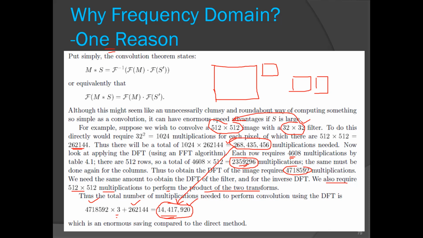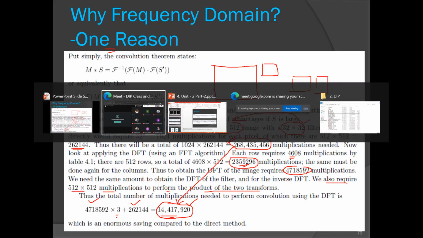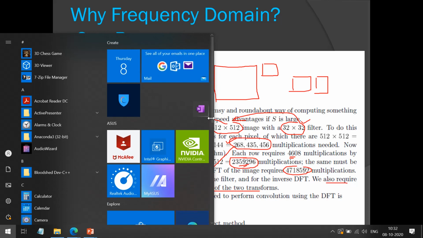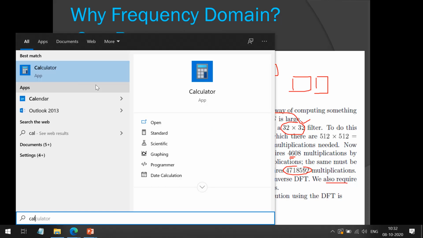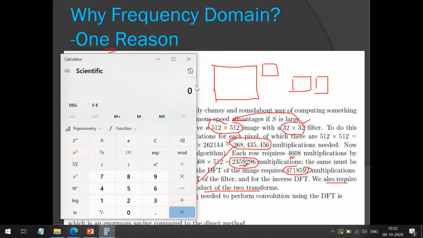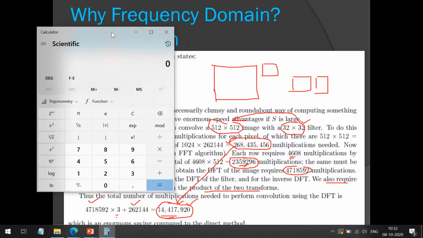So here we have 268,000, sorry, they are using US notation. Let me just calculate. What is the result? How many multiplications are saved?